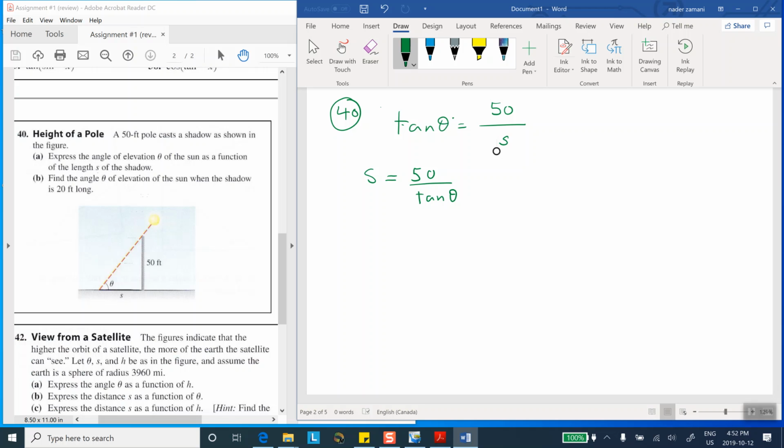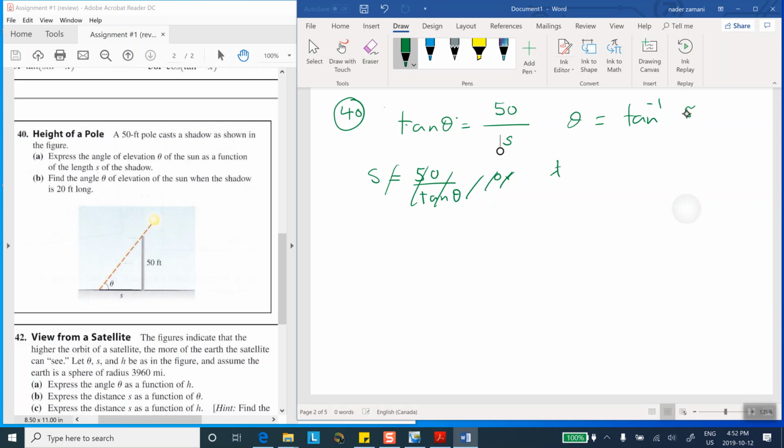Actually, I didn't need to do this. All I need is to calculate theta. So theta is equal to tan inverse of 50 over s, the length of the shadow.